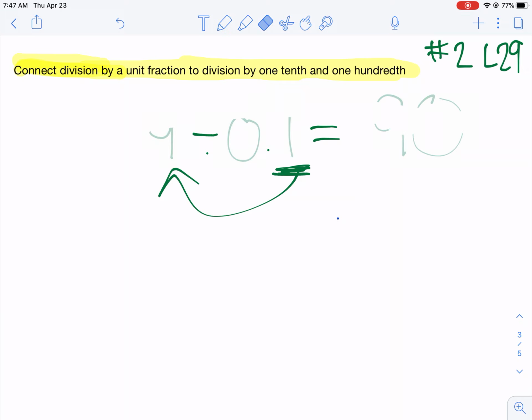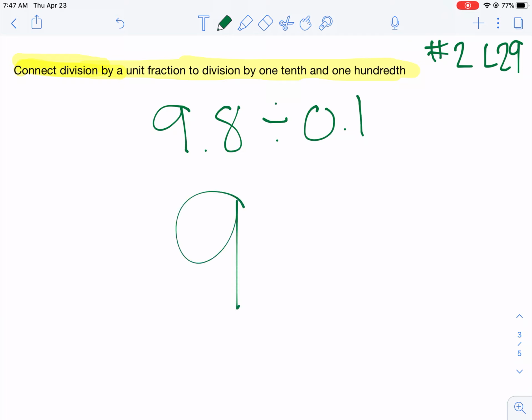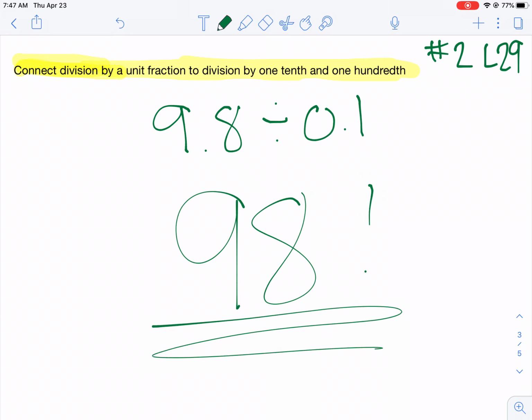So let's try another one. Let's try 9 8/10 divided by 1/10. How many tenths are in 9 8/10? Everybody tell me. 98. You got it. So our answer is 98.